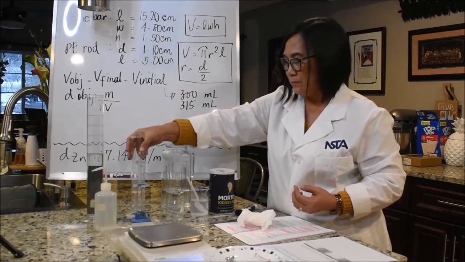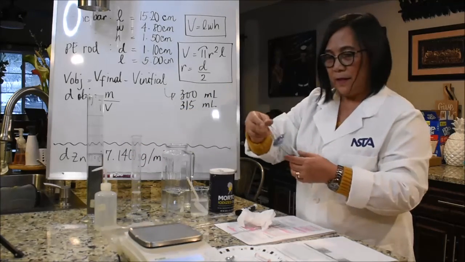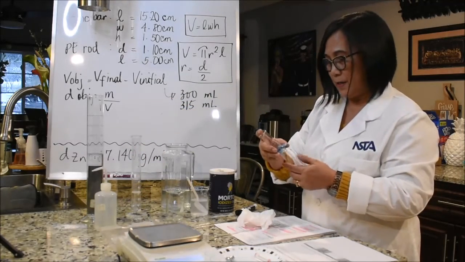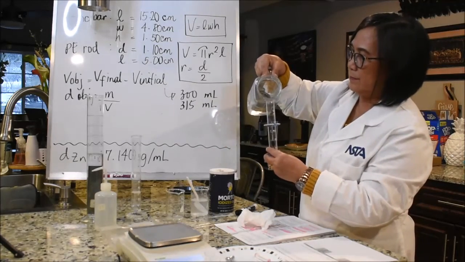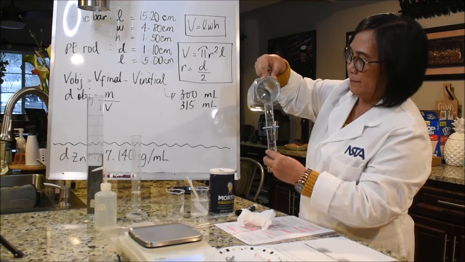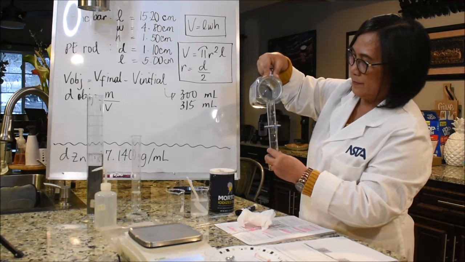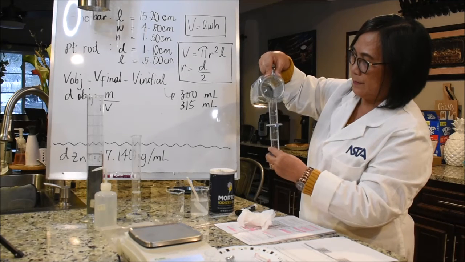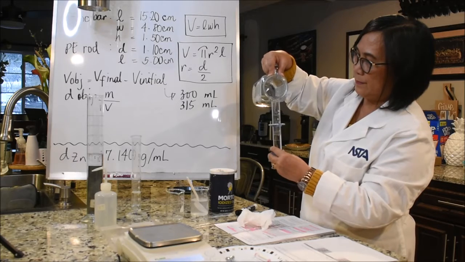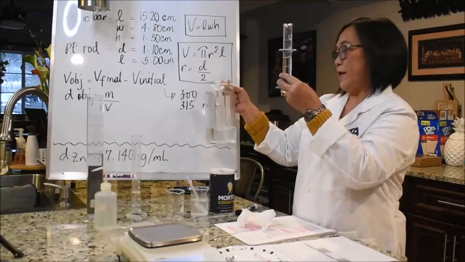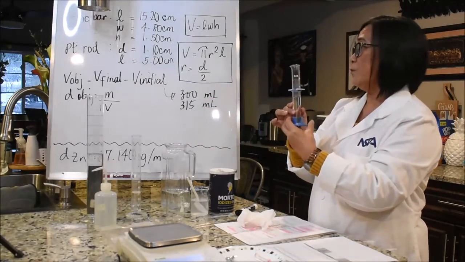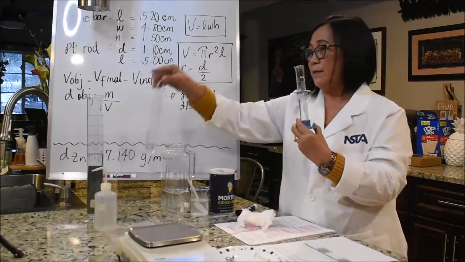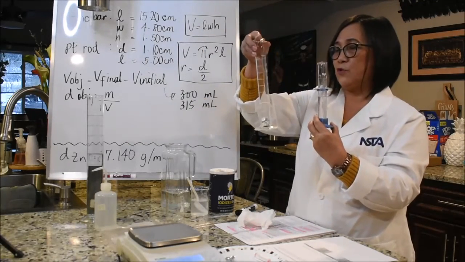Okay, now let's do the PE. I'm just gonna use the same volume of water which we initially used in the measurement for the bolt.